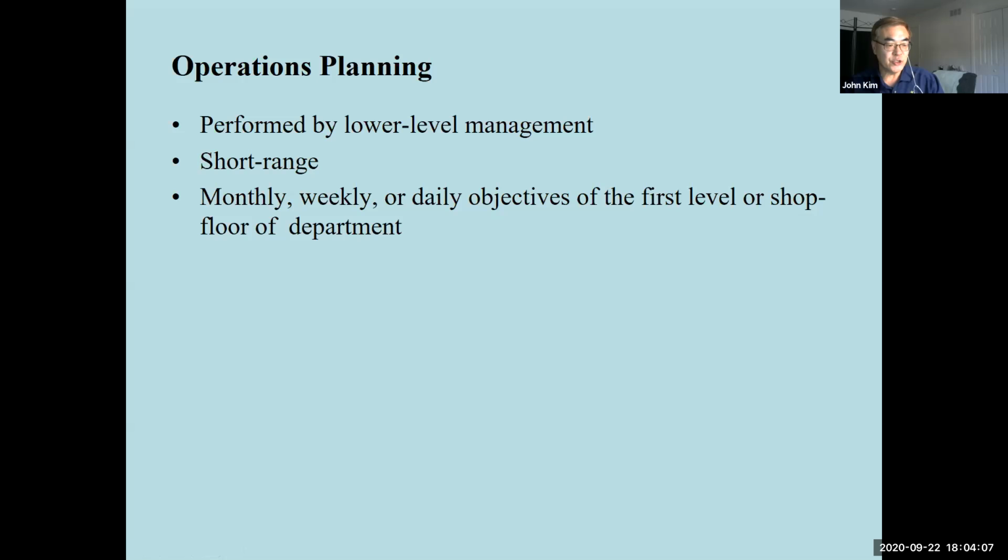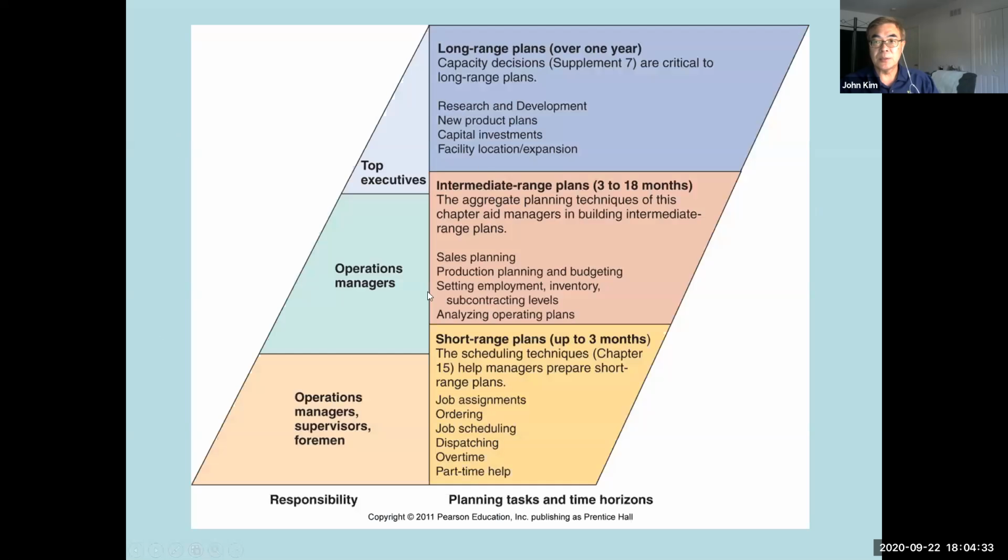To achieve short-term or mid-term strategy, they need a certain plan: monthly, weekly, daily plans, performed by low-level management. The long-term plan is performed by top executives, operations managers, and so on.